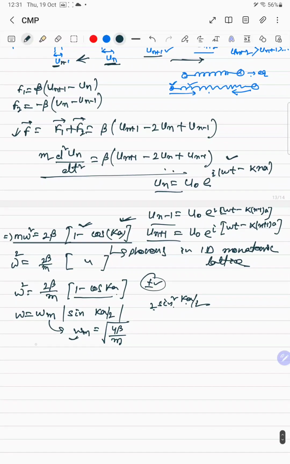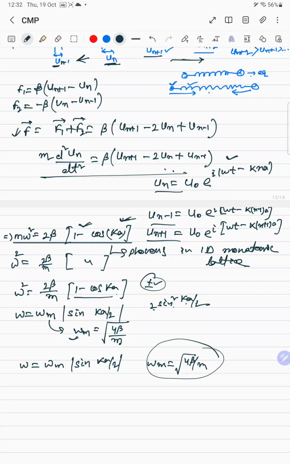So what we have finally got is omega equals omega m sin ka by 2, and this omega m equals root over 4 beta by m. With further manipulation of this equation, I can use Young modulus equals beta into a, and one more relation you have to use: Vs, the velocity of sound inside a solid, equals root of Young modulus by rho, where rho is the mass density, equal to m by a.